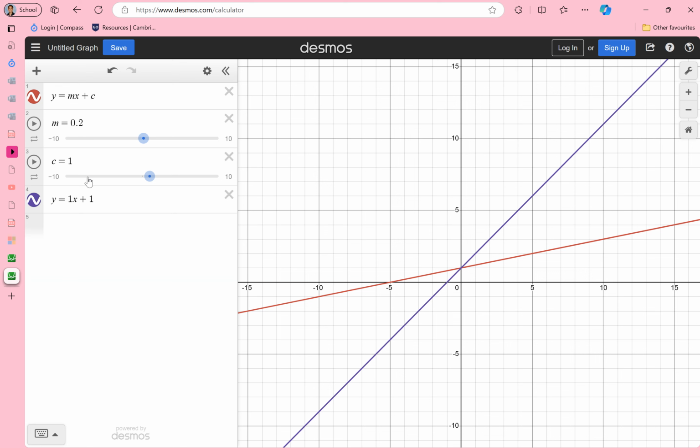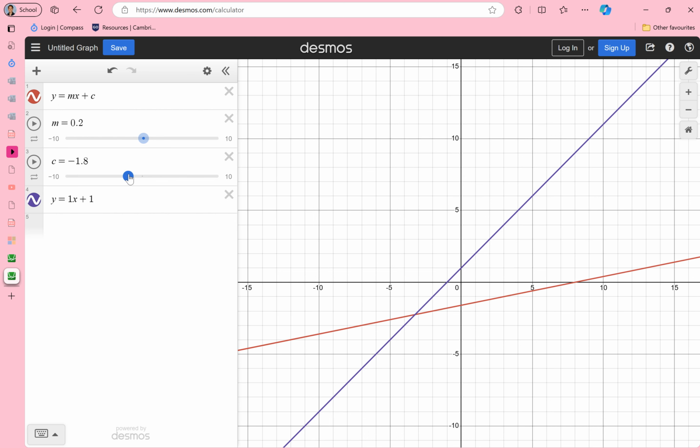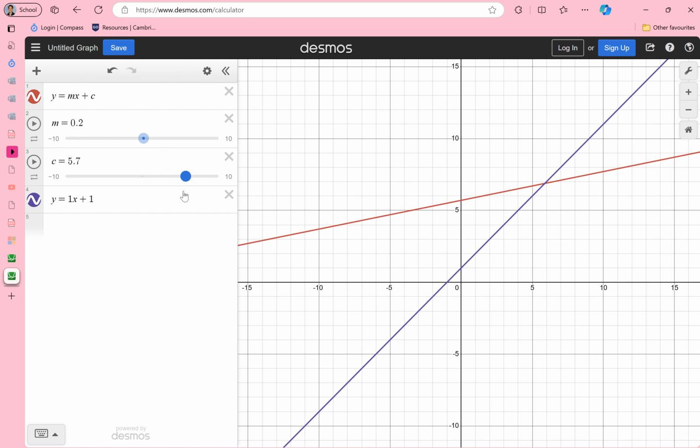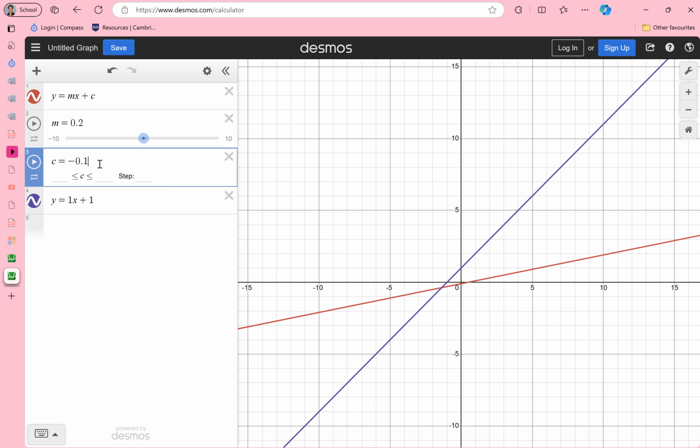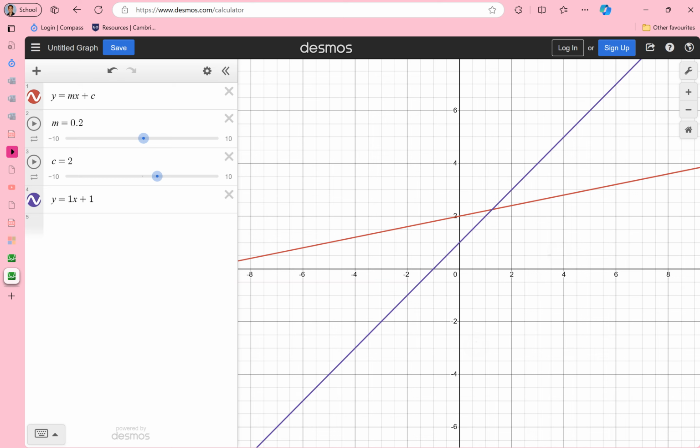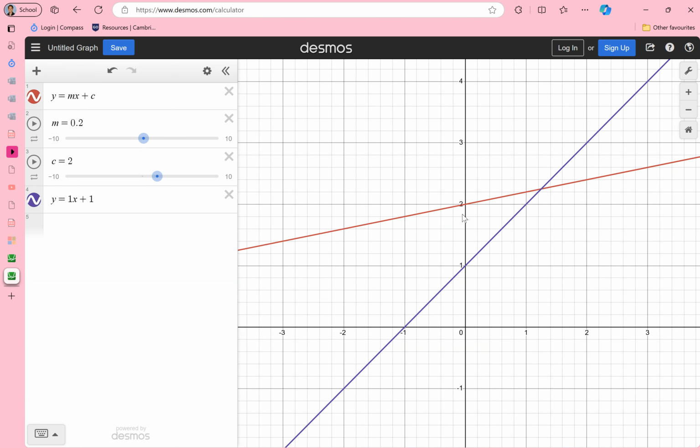Whereas, what does the C do? C, can you see that if I move C, it actually just shifts the graph up and down. So what is C? And remember, I said C was the y-intercept. Now look at what happens when I put 2. When I put 2, if I zoom in, can you see the y-intercept is actually at 0, 2. Right there.